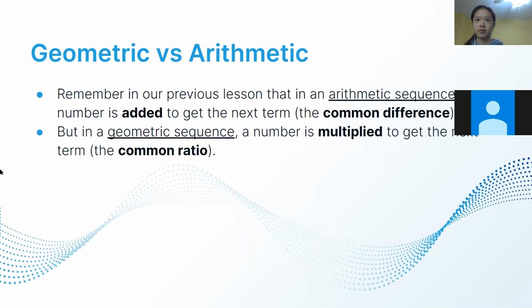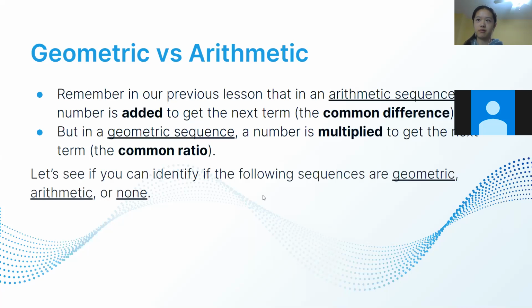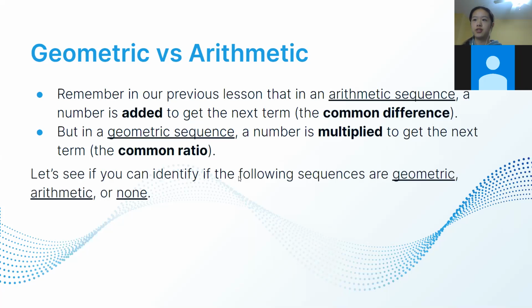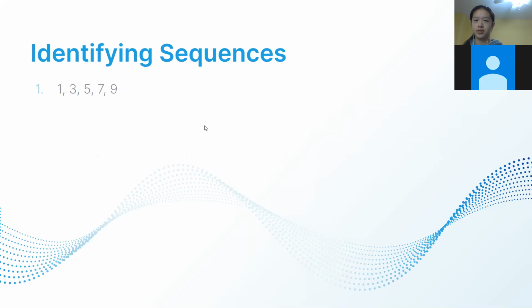Okay, so now we're gonna look at a couple of sequences, and for this activity, you need to try to identify if the sequence is geometric, arithmetic, or neither, and identify the common ratio or difference.